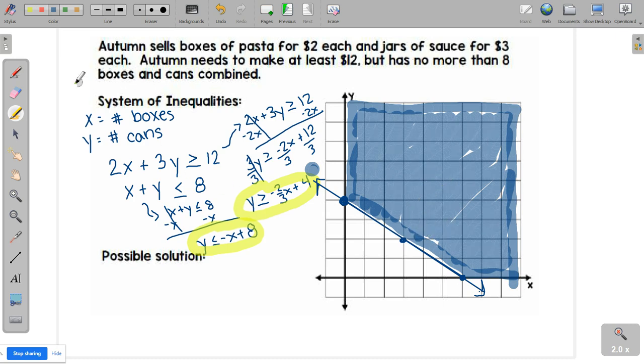Now we're going to graph our second line. Negative x plus 8. So we're going to go up to 8. Plot our point. Slope of negative 1, down 1 to the right 1. We're going to graph it.